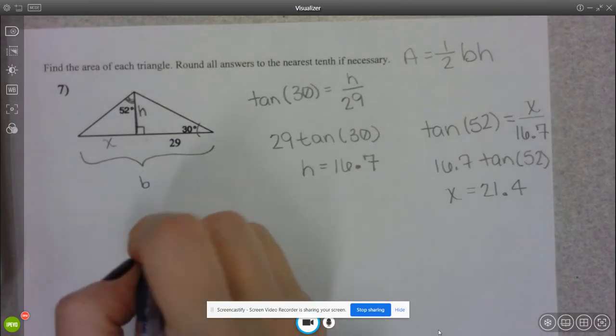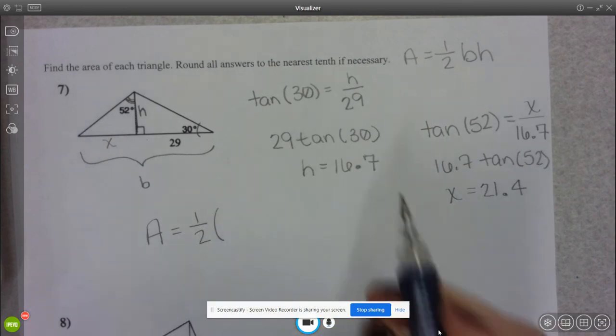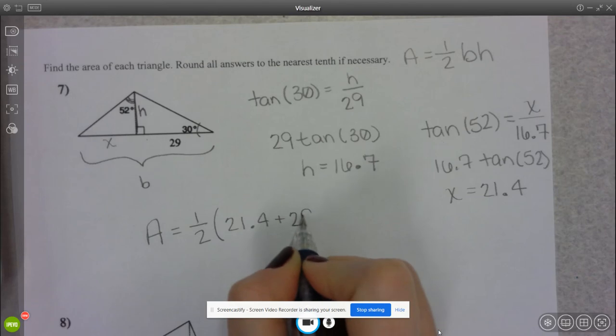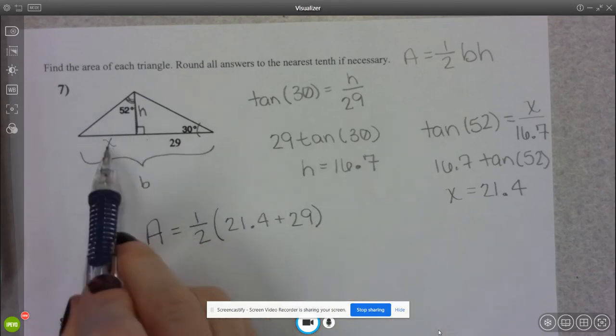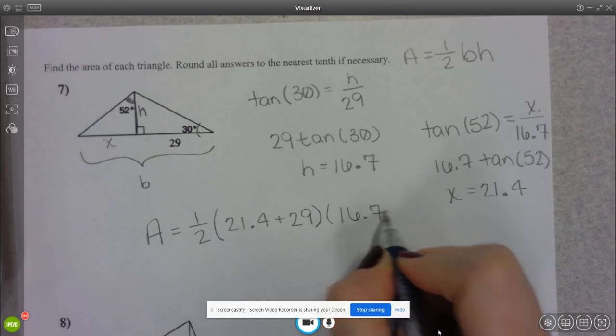So the area of this triangle is going to be 1/2 of the base, which is 21.4 plus 29, because I have to put these two pieces together, multiplied by the height of 16.7.